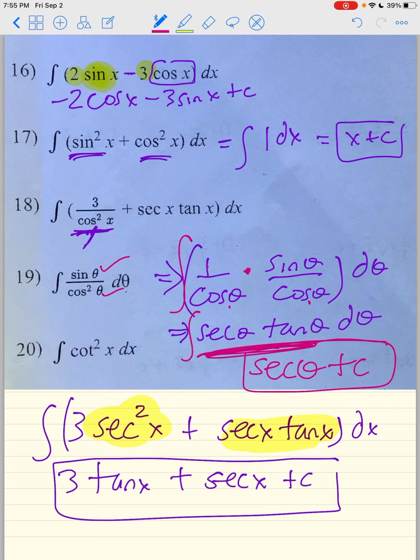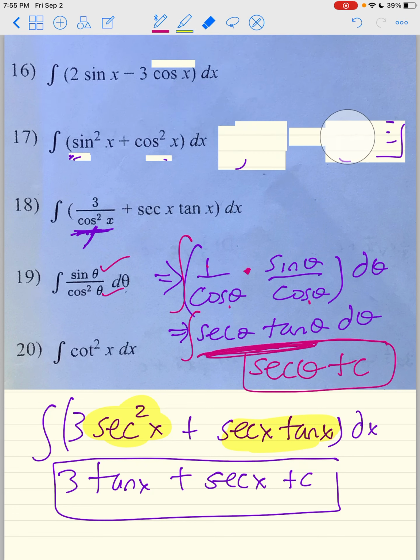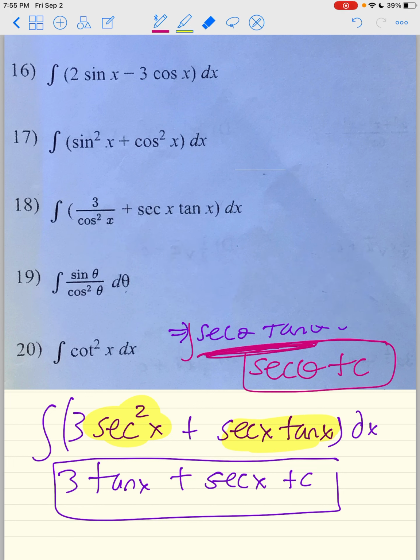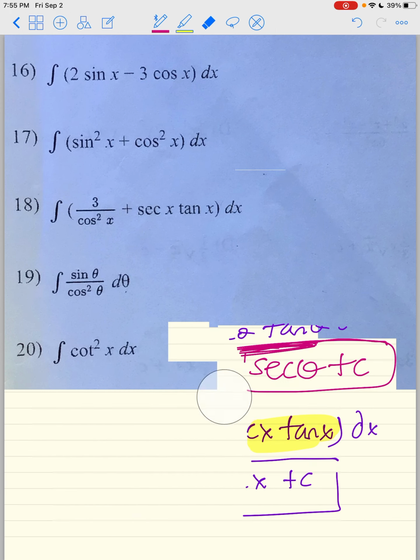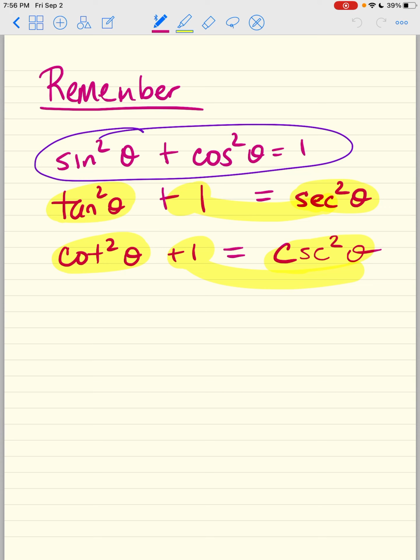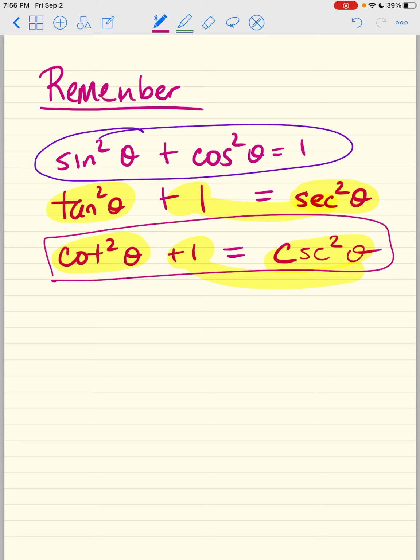And our final problem of this video is cotangent squared x. Well, cotangent squared x is not on the right side, and it's a square. So I said, if it's not on the right side and it's a square, then we're going to have to look for one of those identities. So the identity that we have is here. So I'm going to minus 1.